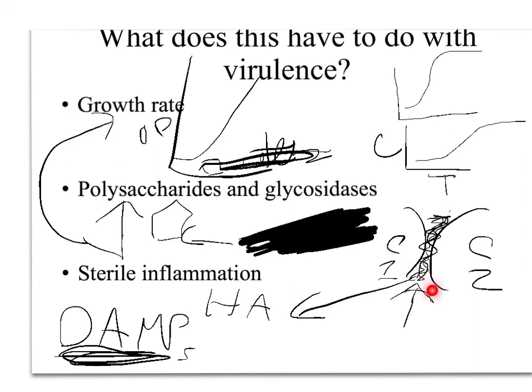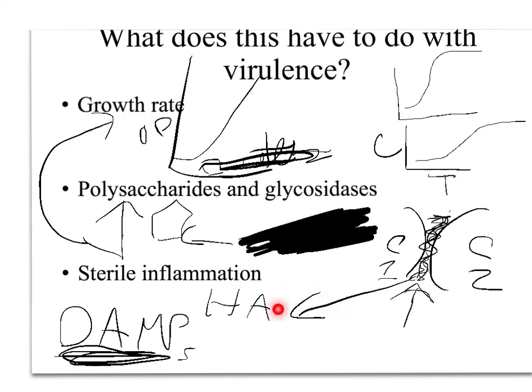So when you have chopped up hyaluronan, even if the bacterial cell that chopped it up is no longer present, if it's cleared by some other mechanism, so long as this fragmented hyaluronan is still hanging around, it's still considered a danger-associated pattern. It's still going to grab onto a toll-like receptor, and it is still going to cause inflammation.